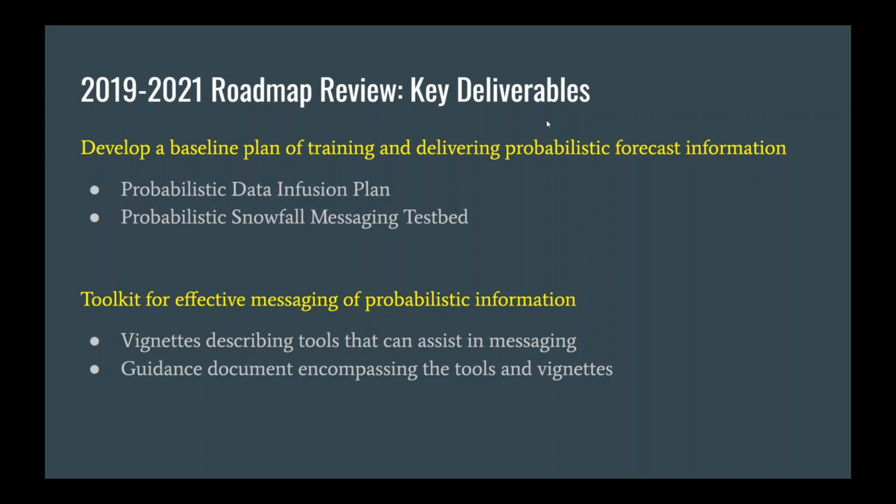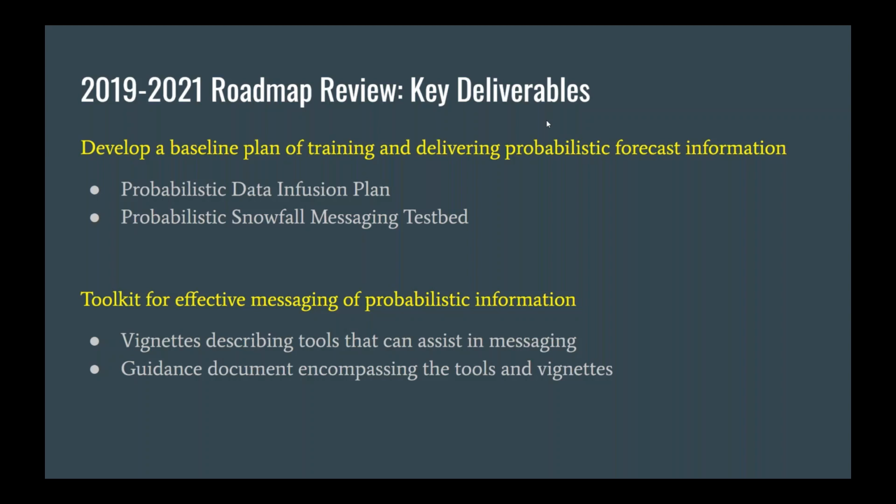We have started looking at that within our probabilistic snowfall messaging testbed, and that's all part of a broader probabilistic data infusion plan. But we also have another deliverable about the toolkit for effective messaging of probabilistic information. This is where we're tying in the tools we're going through today.